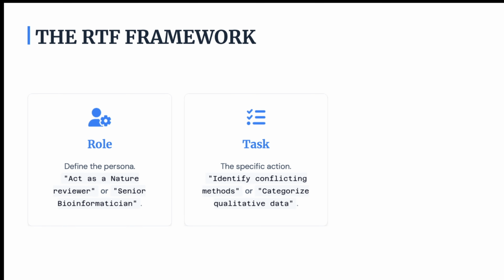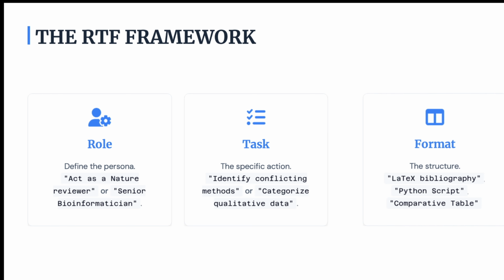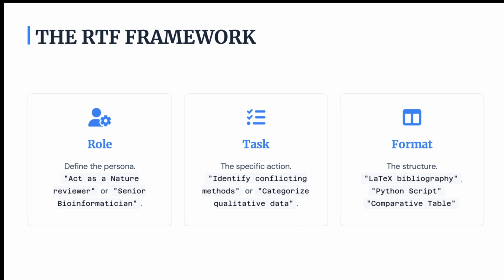It depends on the nature of your task and your research question. But you need to define that task very clearly: what exactly the task is for the AI role which we have already assigned in step one. That is the second part of the framework.